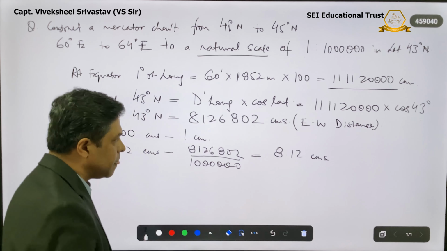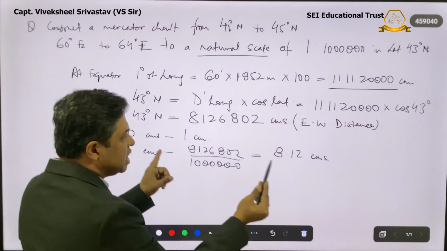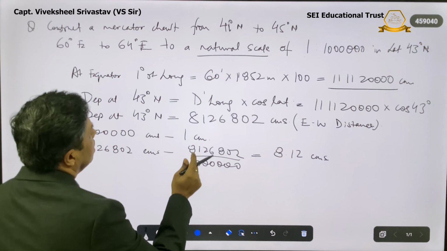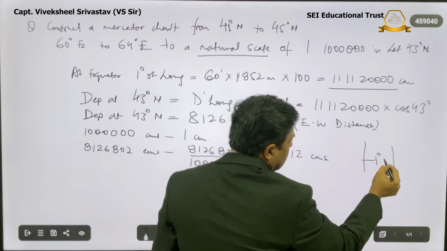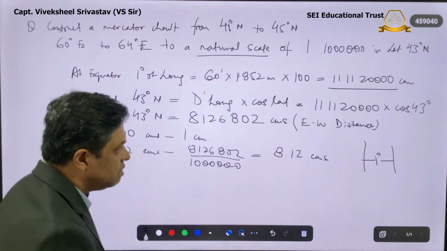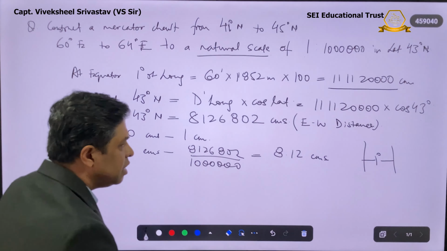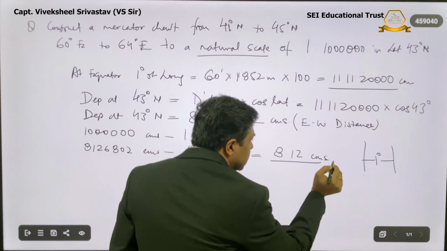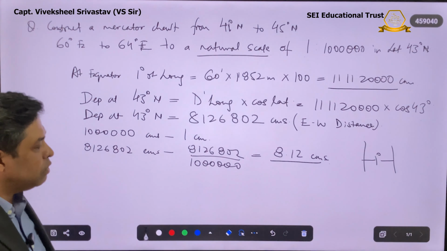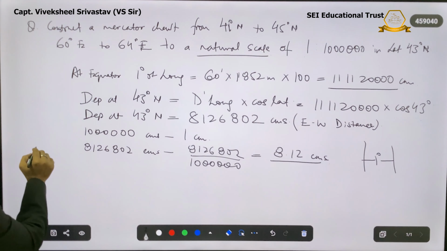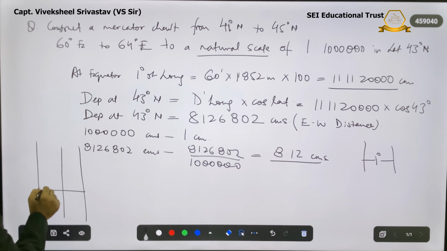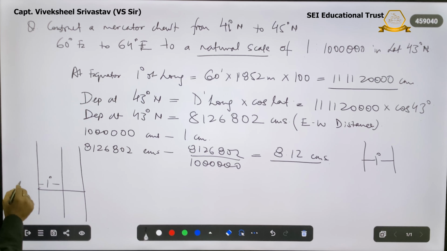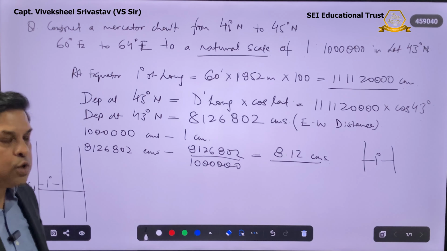What it means is the distance between 1 degree on my chart at 43 degrees north should measure 8.12 centimeters. Okay, so we have arrived at the distance between two meridians 1 degree apart at 43 degrees north according to the natural scale that was given to us.